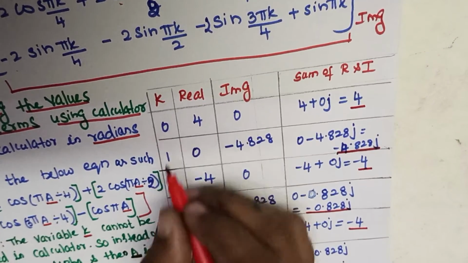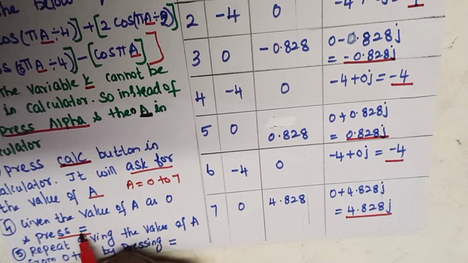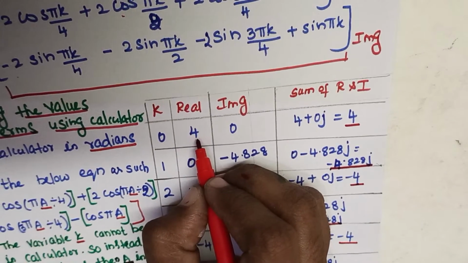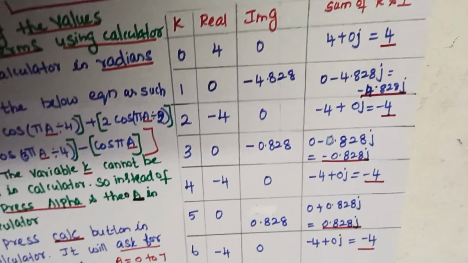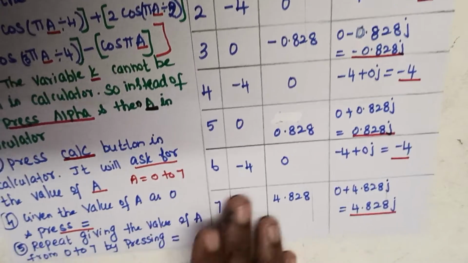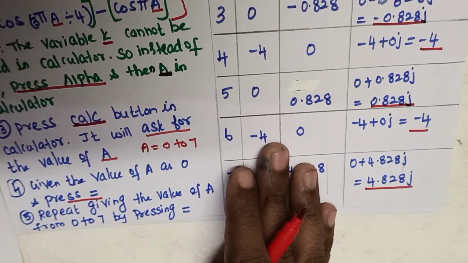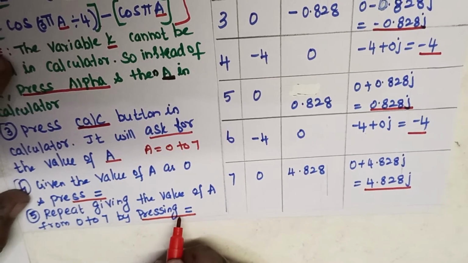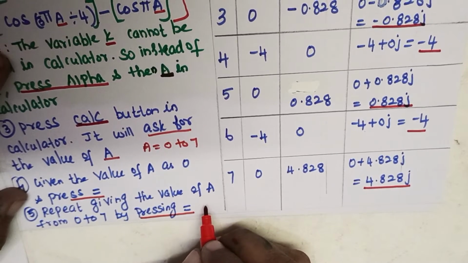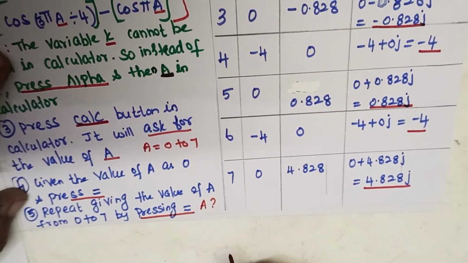For K is equal to 0, if I press equal to, I am getting the value as 4. Next what I have to do? Again I have to press equal to. Once this equal to is pressed again, it will ask for the value of A.